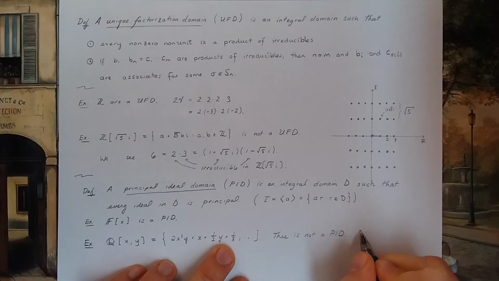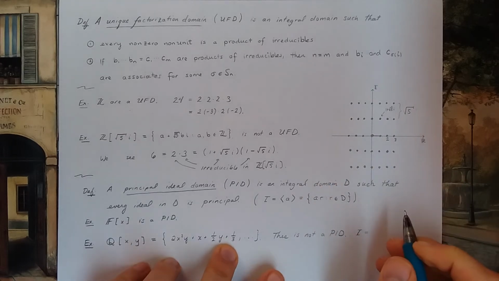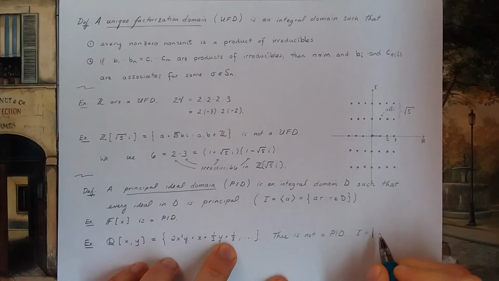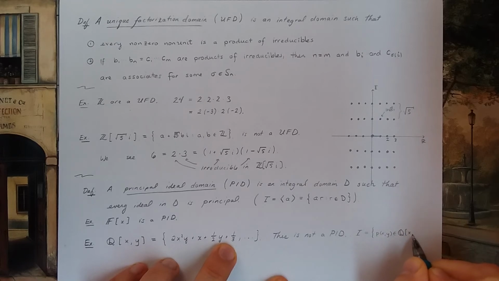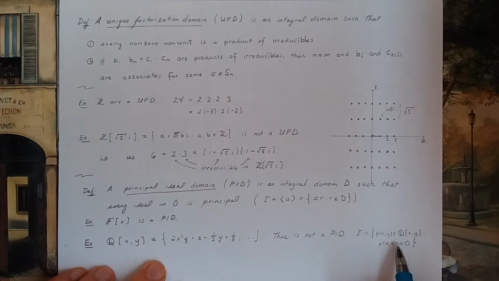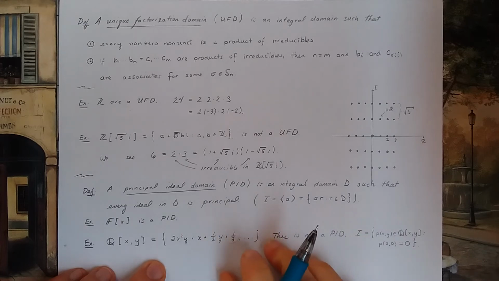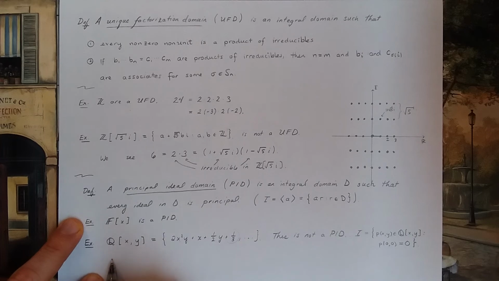So I'm going to say, take your ideal I to be the polynomials p of x, y in your ring such that if you evaluate at x and y equals 0, you get 0. So these are all the polynomials that would have constant term equal to 0. So I claim that this ideal I, it's not difficult to prove it's an ideal from the definition of an ideal, and I claim that this ideal is not principal. It cannot be generated by a single element.